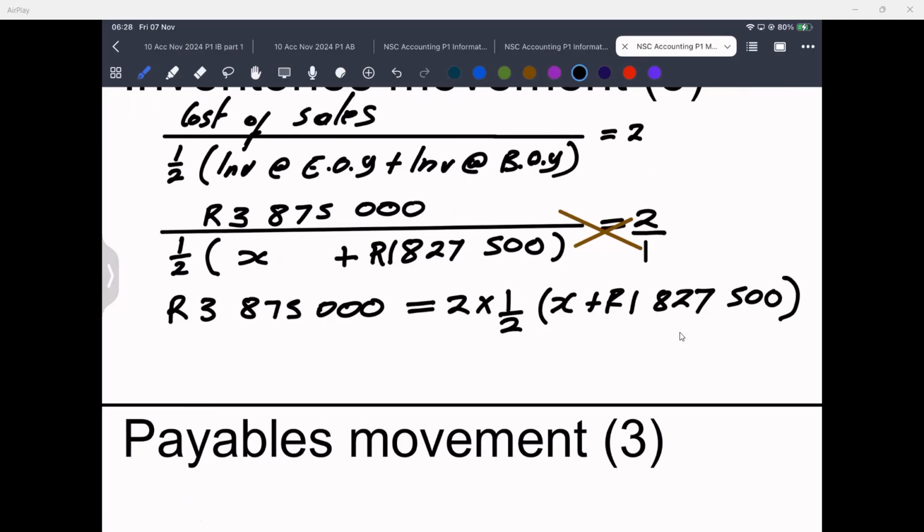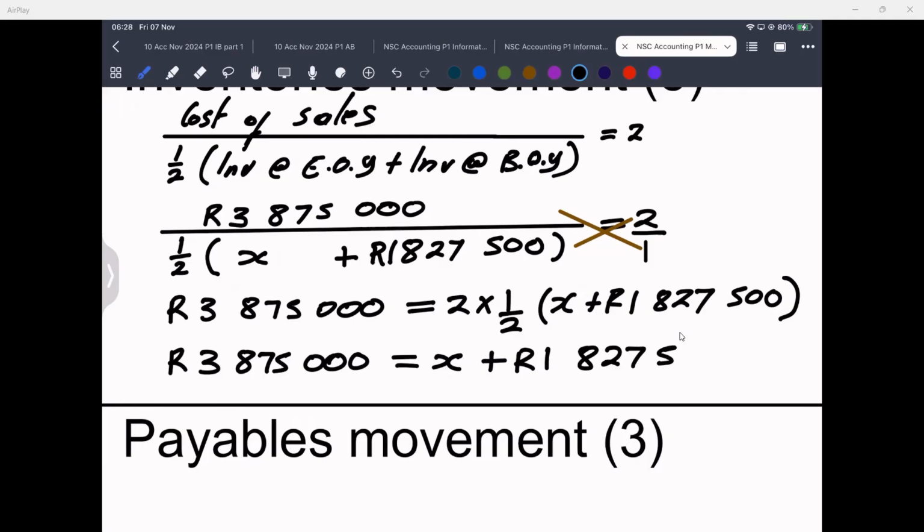Close bracket. The 2's will cross each other out. I will be left with 3,875,000 being equal to x plus 1,827,500.